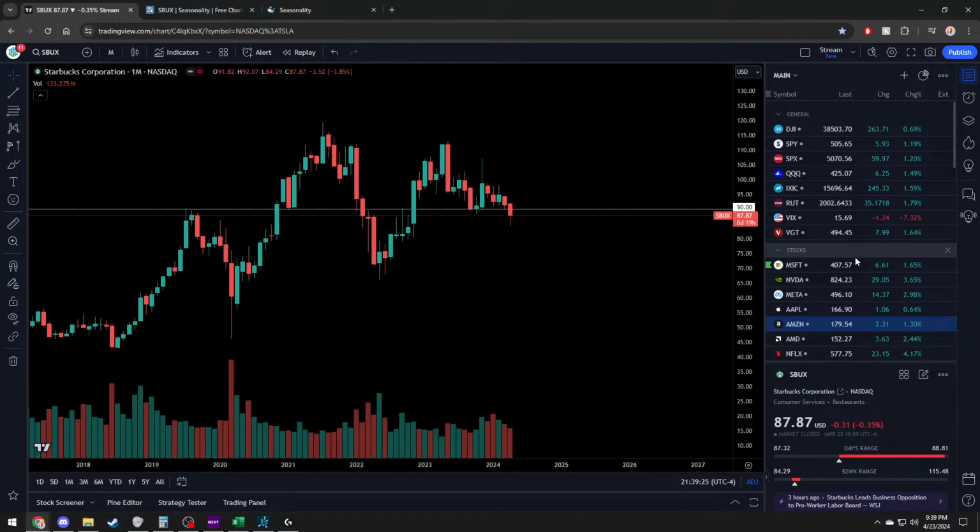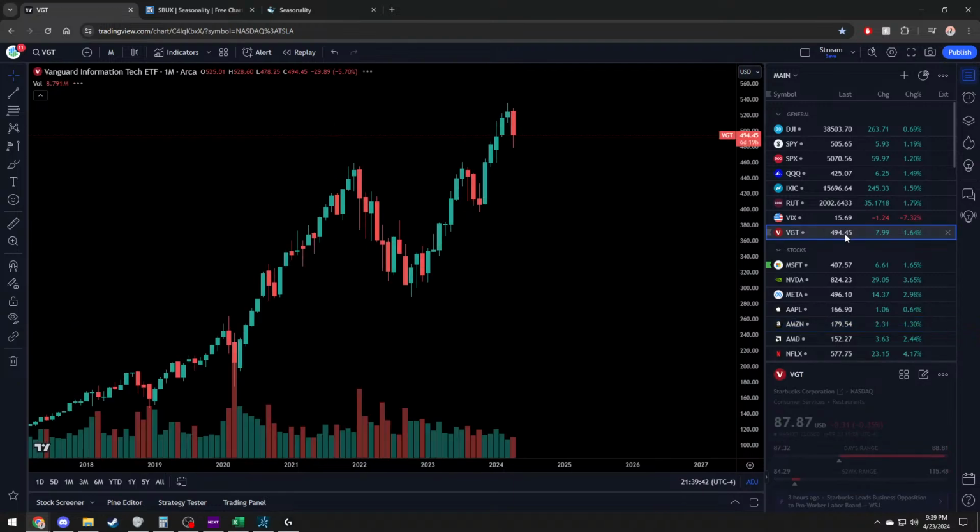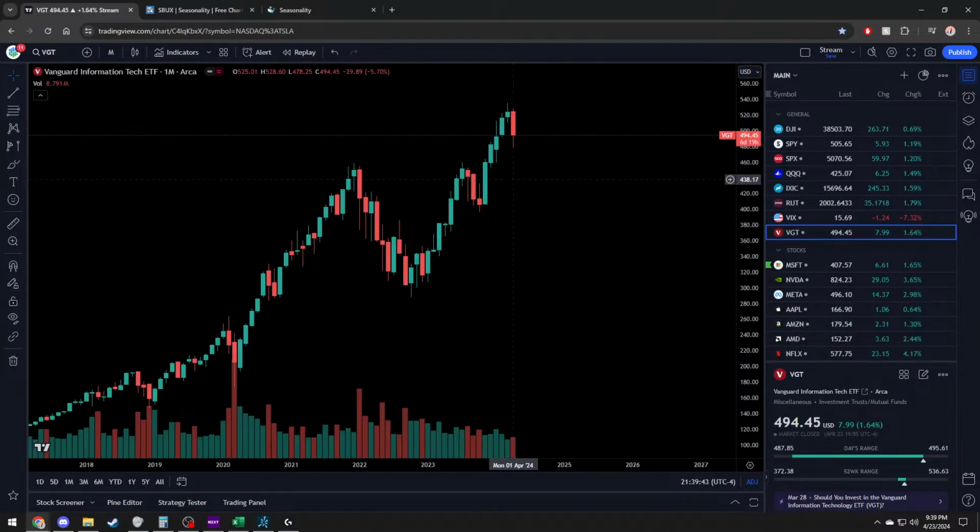Oh, I'm sure Snow did take a hit. Everything took a hit. I have a Roth 401k through work, and then I have a Roth IRA, a separate retirement account, and literally all I buy in that account is this VGT. Now I'm young, so I can afford the aggressive risk.